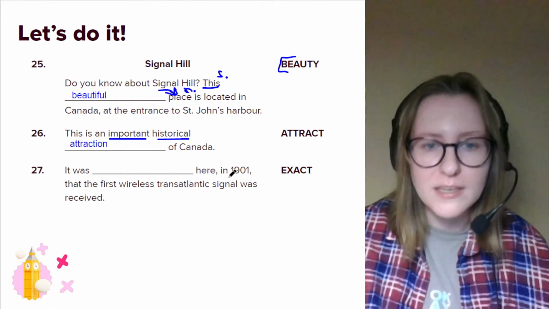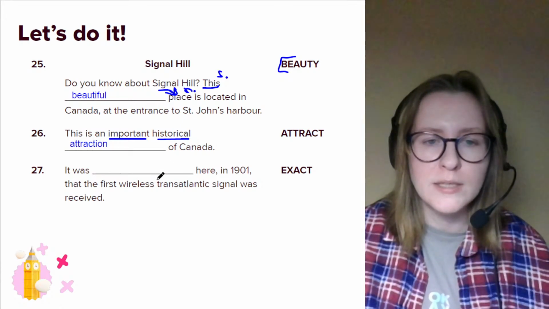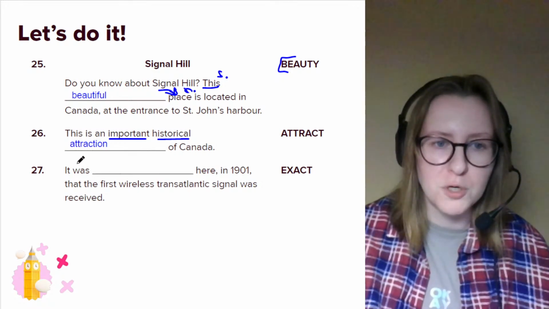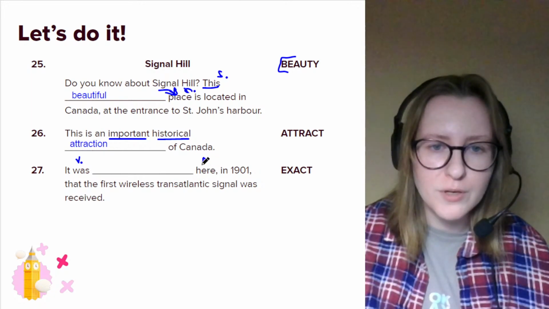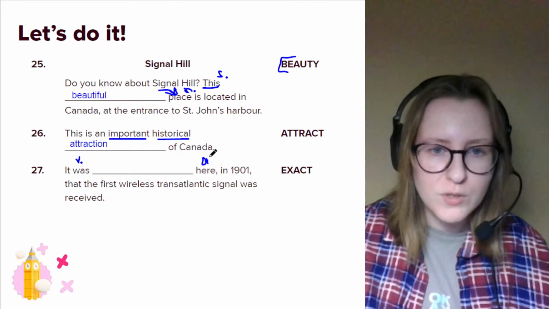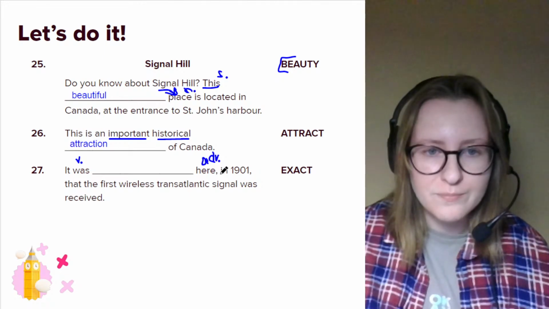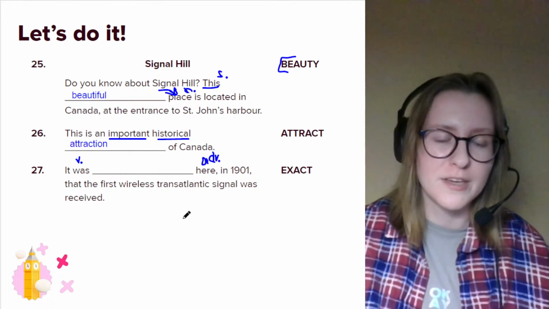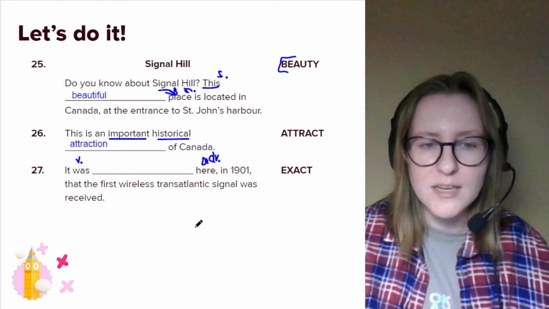It was here in 1901 that the first wireless transatlantic signal was received. Okay, we have a verb, be, and an adverb here. What does our gap describe? It was here. Well, we can actually try a life hack here. We can try to read the sentence without the gap at all, and see if it makes sense.